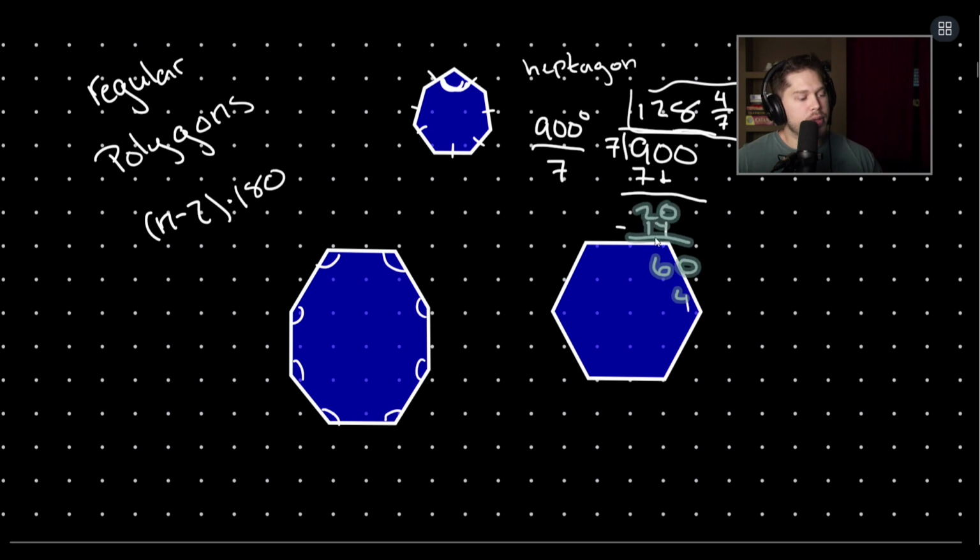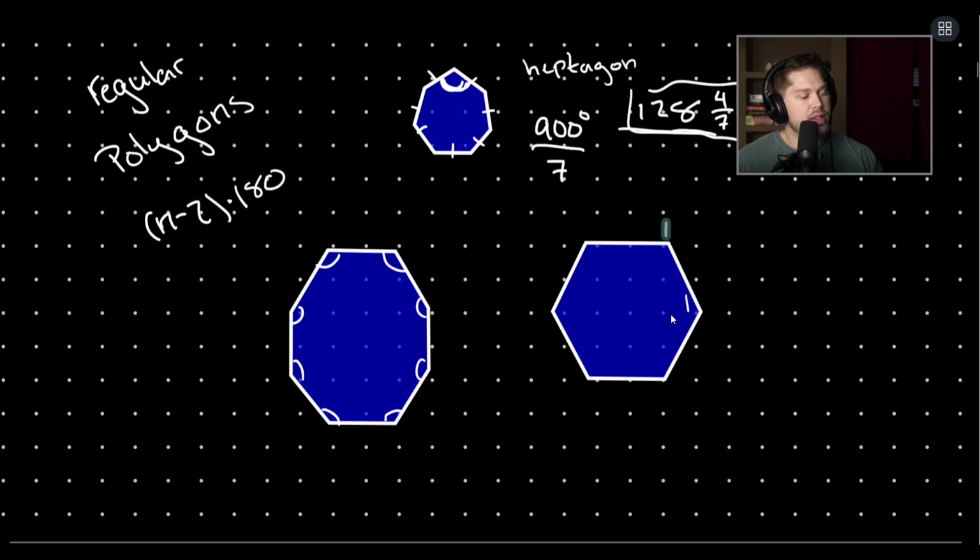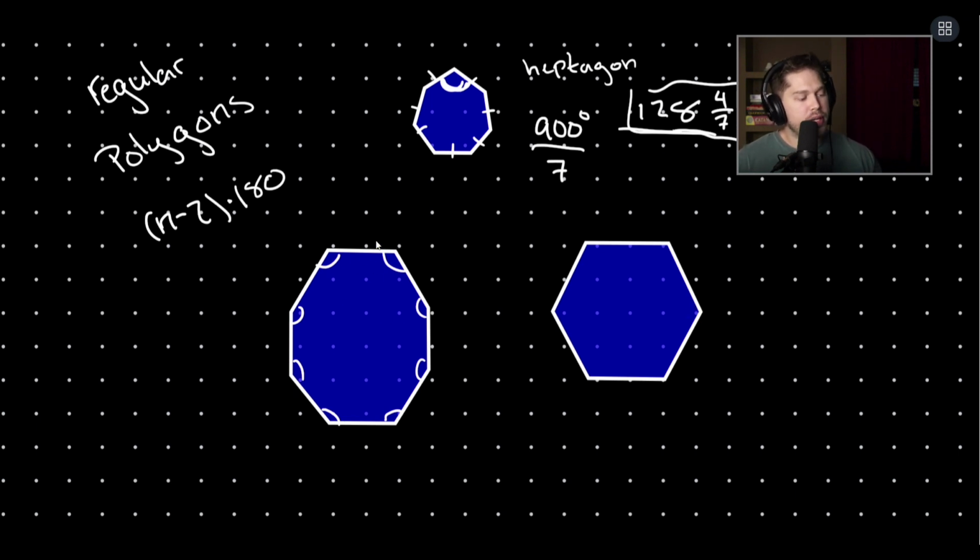Here, let's clean this up a little bit. Erase this work here. What about this shape here? What would be the angle measurement of just one of the interior angles? Well, this shape is 1, 2, 3, 4, 5, 6, 7, 8. This is an octagon.